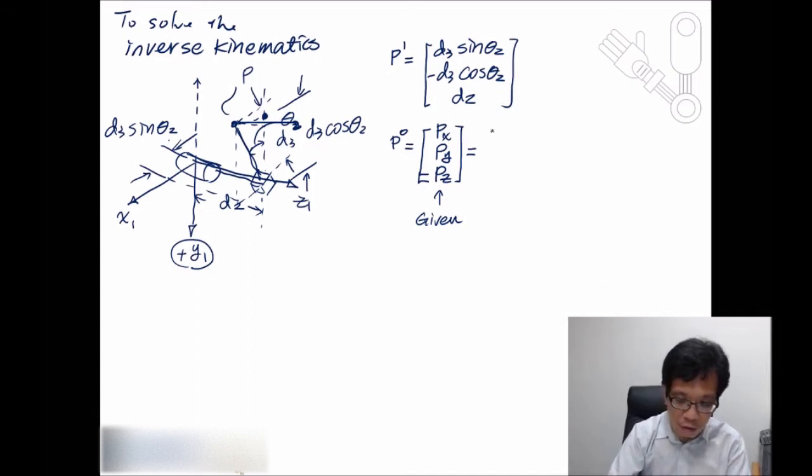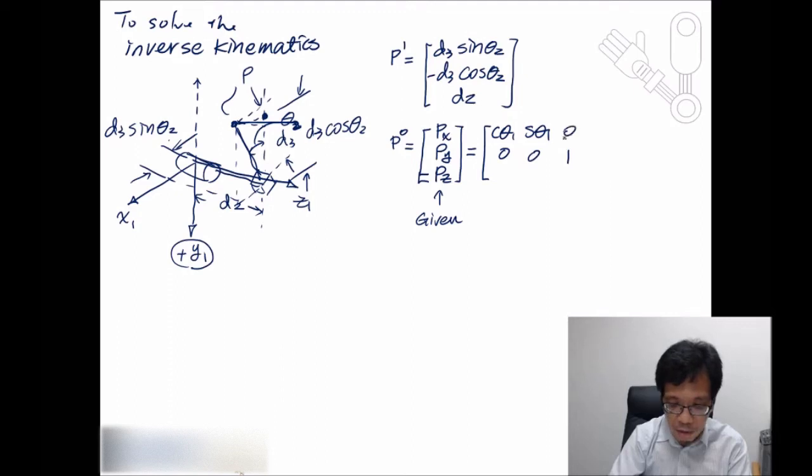So the rotation matrix is going to be cosine theta 1, sine theta 1, 0, 0, 1, 0, 0, negative sine theta 1, cosine theta 1, multiplied by px, py, pz.